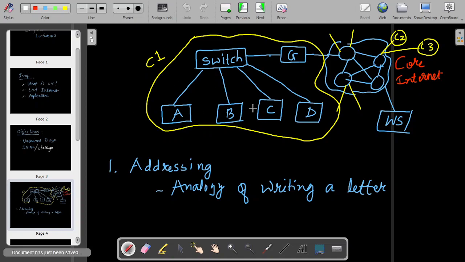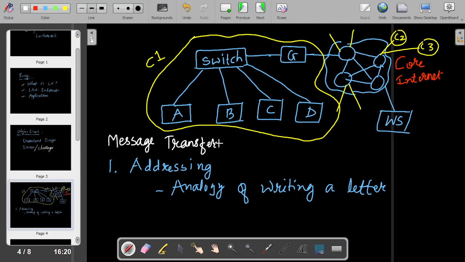In LAN you can share resources like printers and folders. Whatever be the application, the main thing is message transfer. Right? Everything is based on message transfer.